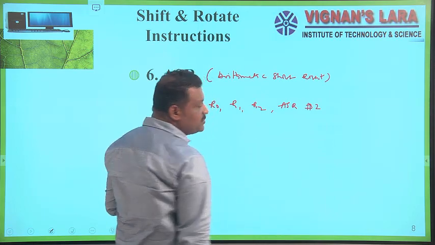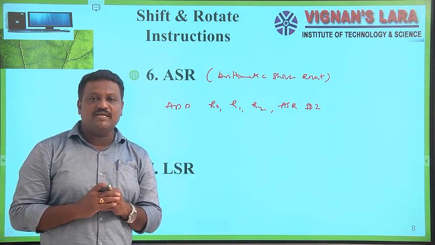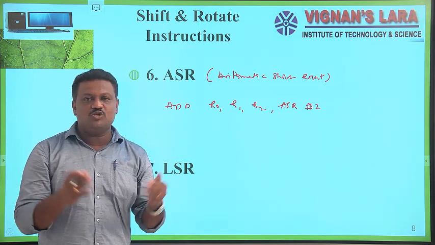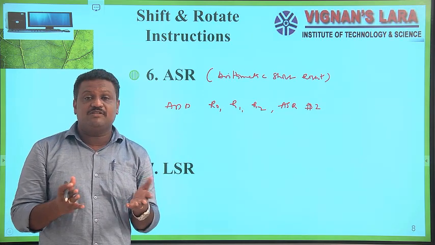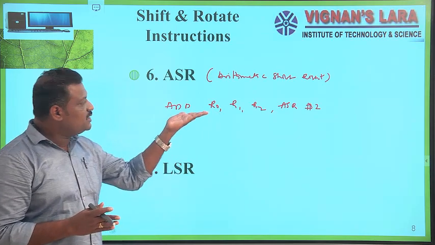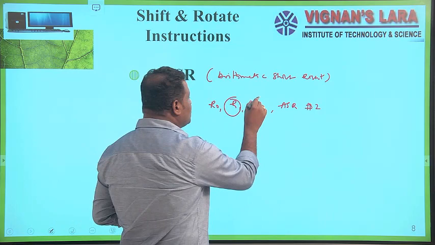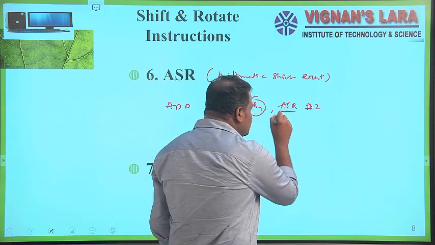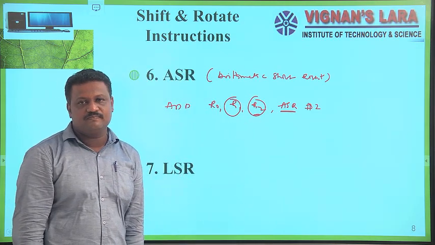Based on past information, we know that arithmetic shifts are basically used to preserve the sign of a number. It is only possible in arithmetic shift right, but not in arithmetic shift left. That's why arithmetic shift left is also called logical shift left. So the meaning of this particular instruction is, before doing the addition between the content of R1 and R2, first you have to apply arithmetic shift right on the content of register R2 by 2 times.